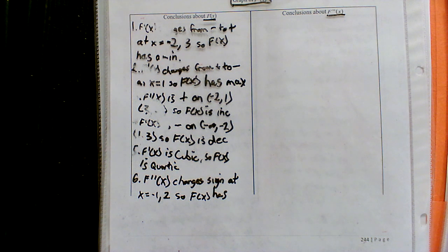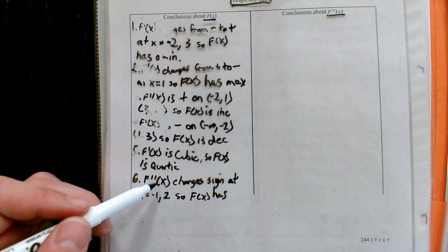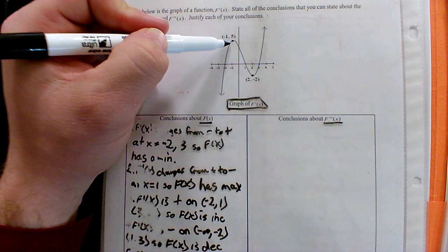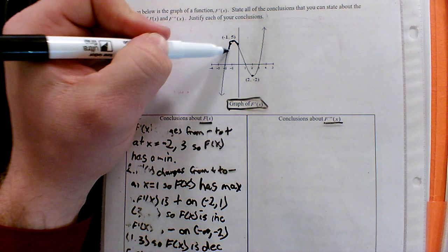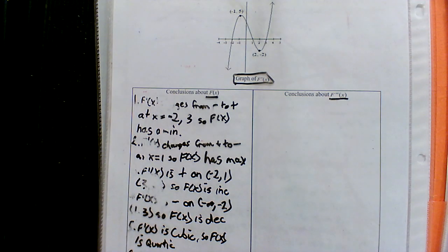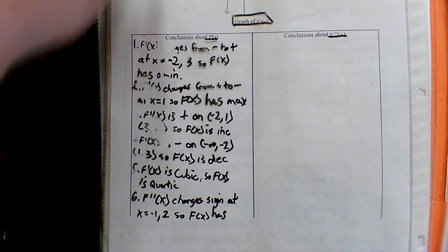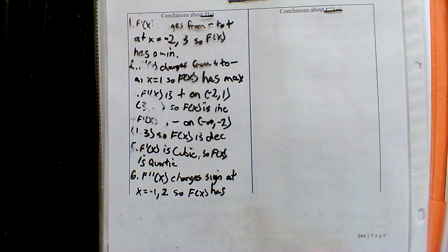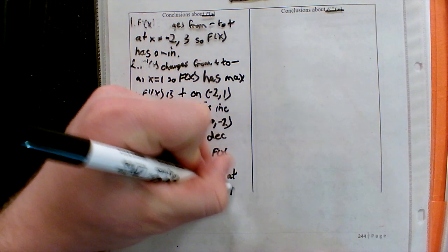The second derivative changes sign at negative 1 and 2, so the original has to what? Have a point of inflection. Yeah. So we say the second derivative changes signs at those points. If you look at the first derivative, that point's right there. So the derivative, again, that would be positive, negative, so it's changing signs. But the original, if you go back a step to the original, that's where there's an inflection point. Yeah, so f of x has points of inflection.